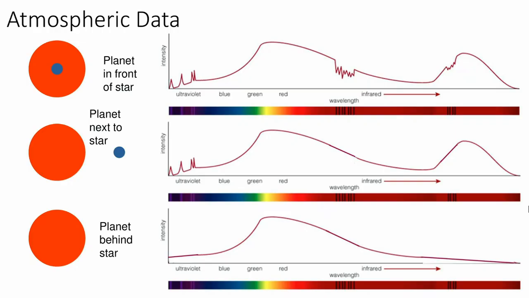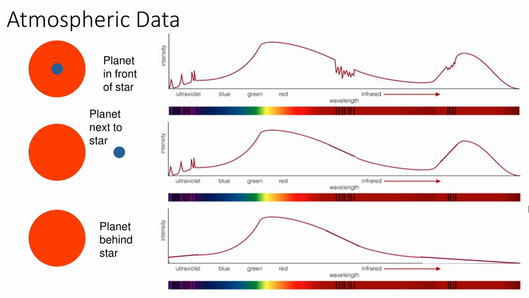So if all you care about is the atmosphere of the exoplanet, you want to subtract away the black body emission from the star. And so if you did that from this picture, you'd be left with the black body curve of the exoplanet and then the emission features of its atmosphere.